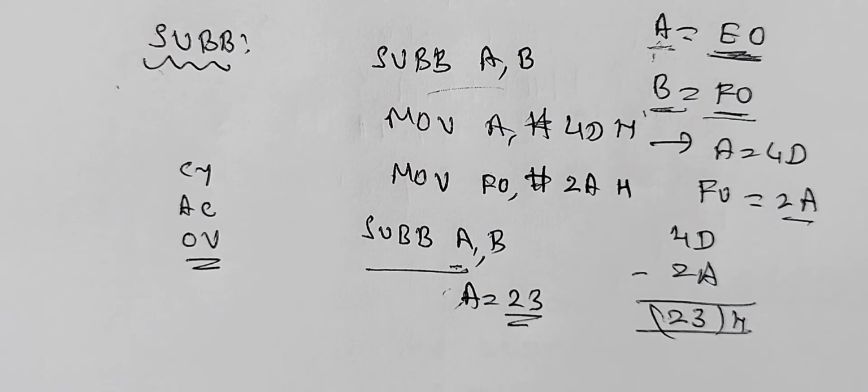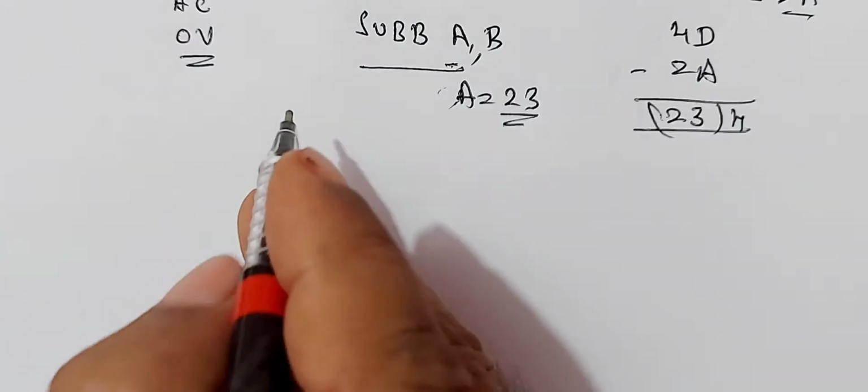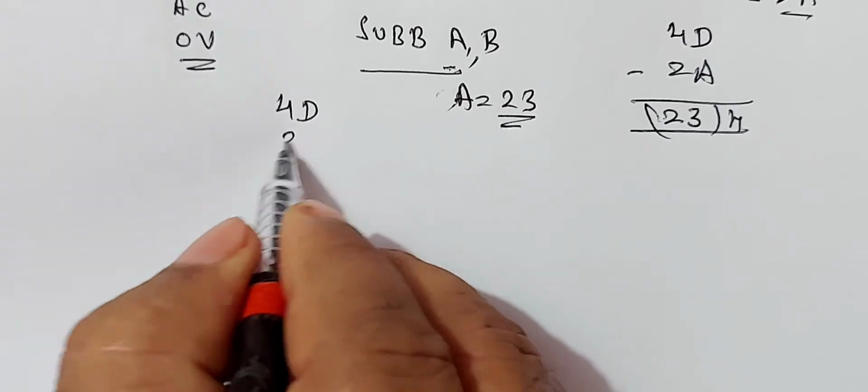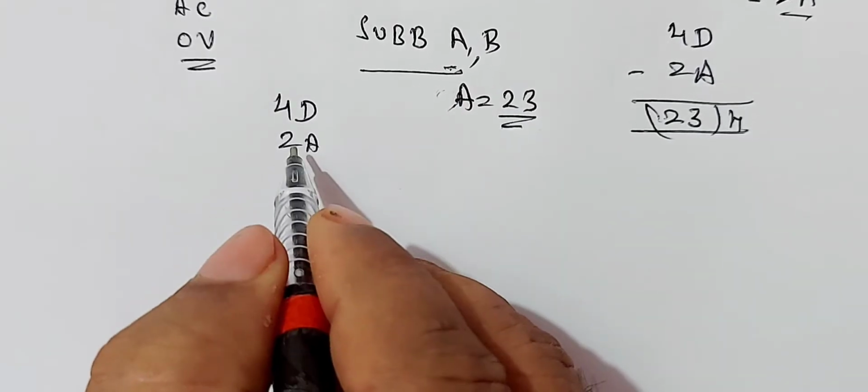We know that the subtraction may occur in two types. You can subtract the lower data from the higher data, or you can subtract the higher data from the lower data. When you subtract the lower data from the higher data, example, see 4D is a higher data, 2A is a lower data compared to this.